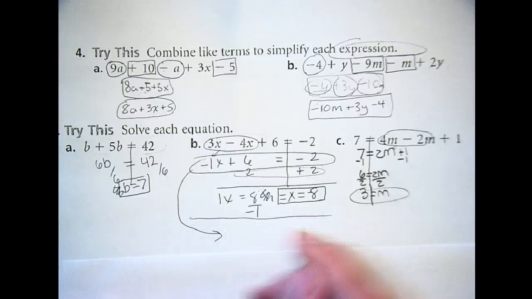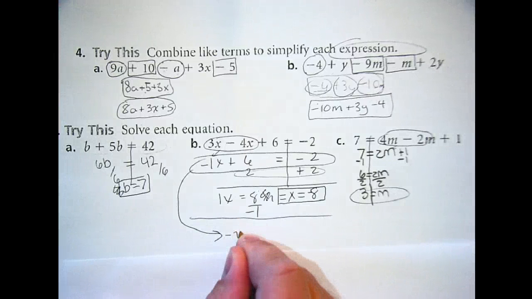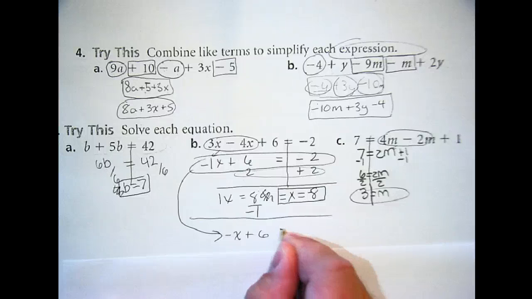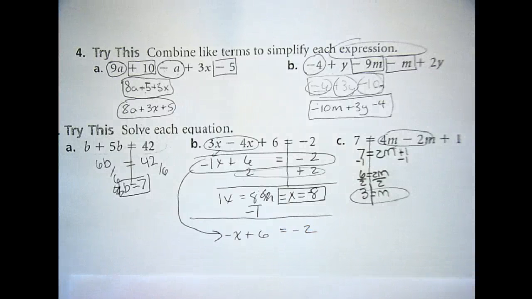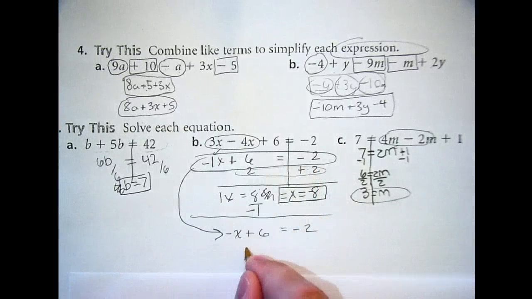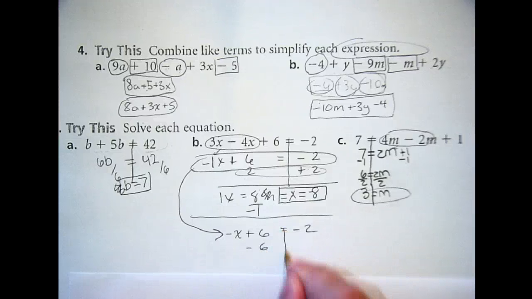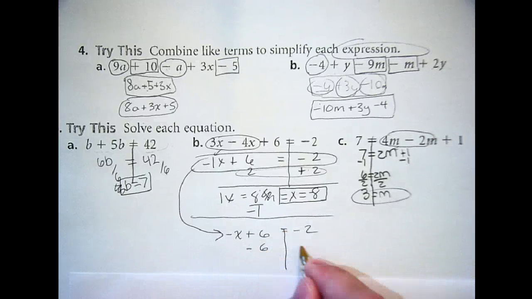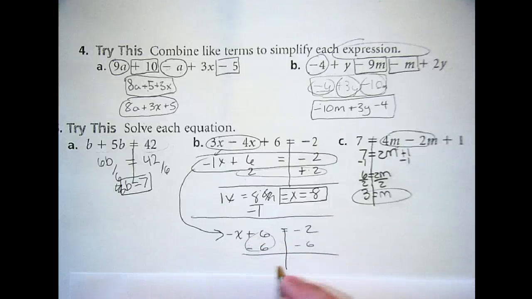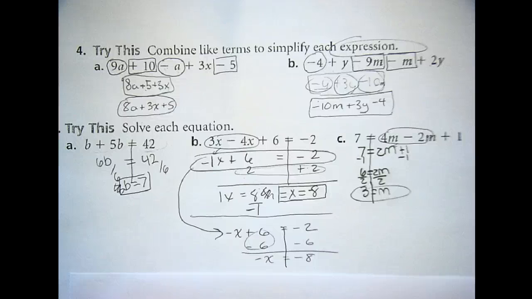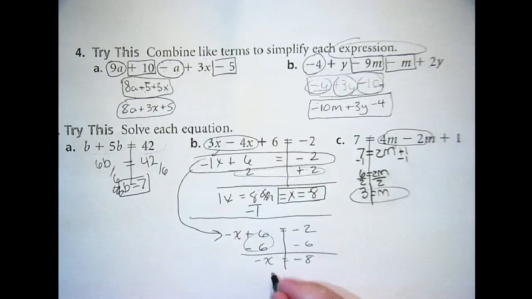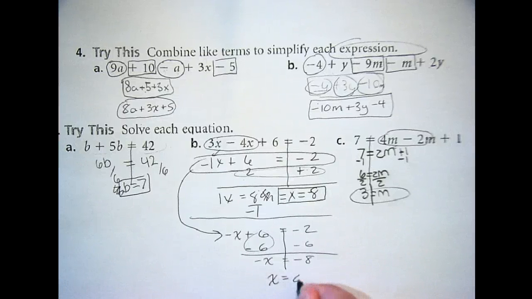So we actually want to say negative x plus 6 equaling negative 2. Rather than moving the 2 and adding it to both sides, let's bring the 6 away from the variable. So we'll subtract 6 on both sides. That gives us negative x equals negative 8. If negative x equals negative 8, then that means positive x equals positive 8.